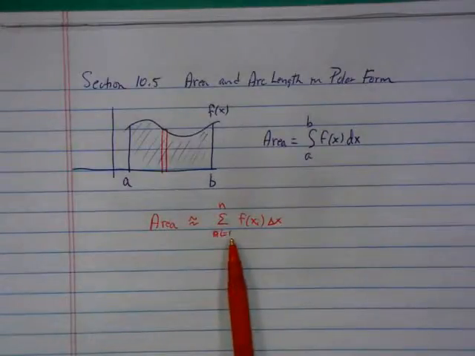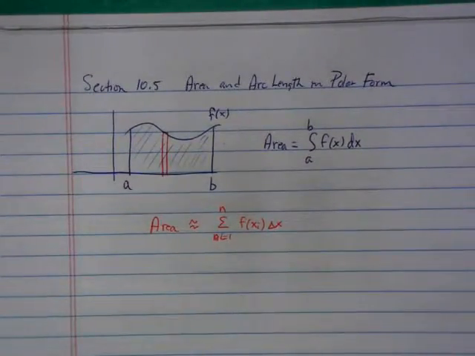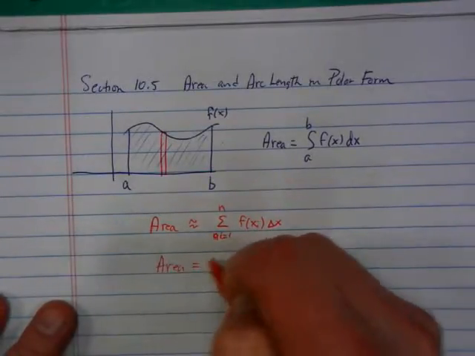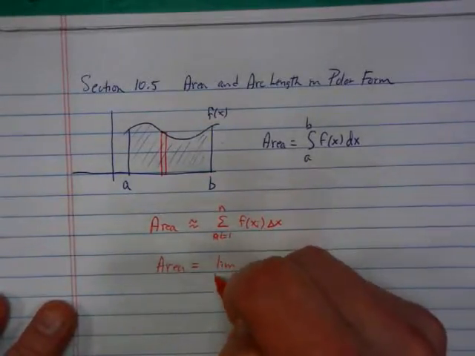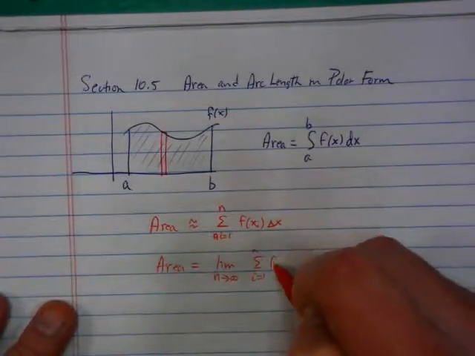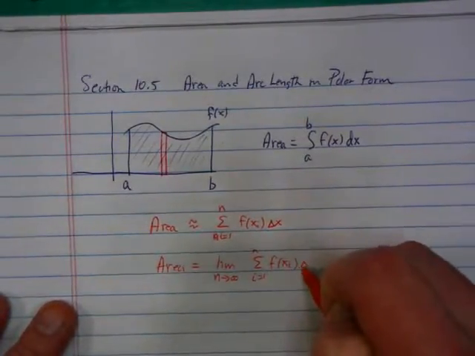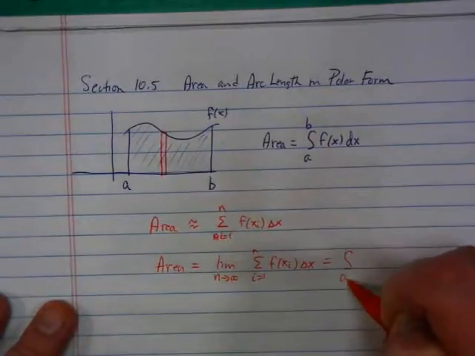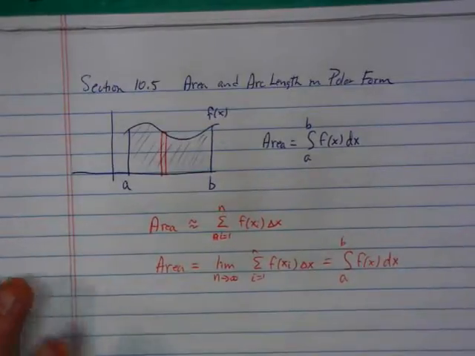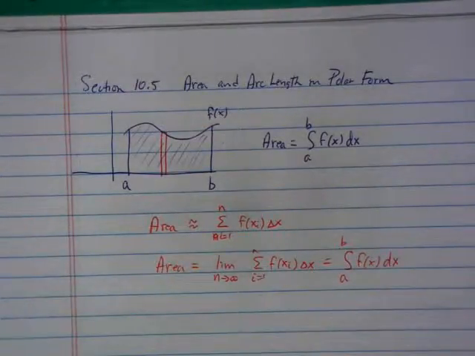For rectangle number 2, I find its height and its width, and so on, and then I add them all up. Then we showed that the exact area was the limit as n went to infinity of the sum from i equals 1 to n of f of x sub i delta x, which we defined as the definite integral. So, when we work in rectangular form, we develop our formula for area by building rectangles.